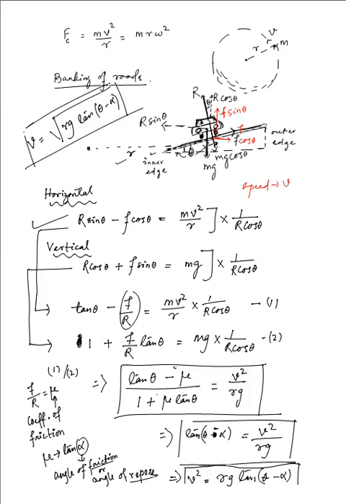This speed must remain as such, because we have obtained this for the balanced condition of the vehicle, and so the vehicle must have a specific speed with the specific values of r, g, theta and alpha, such that the vehicle remains balanced.